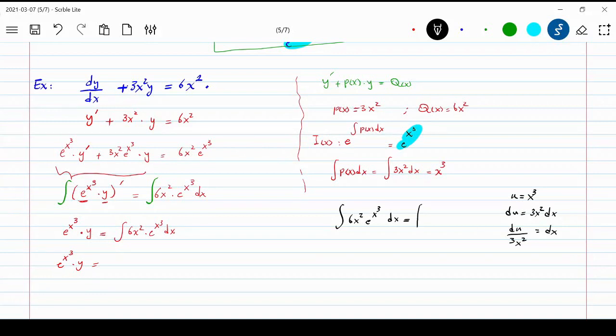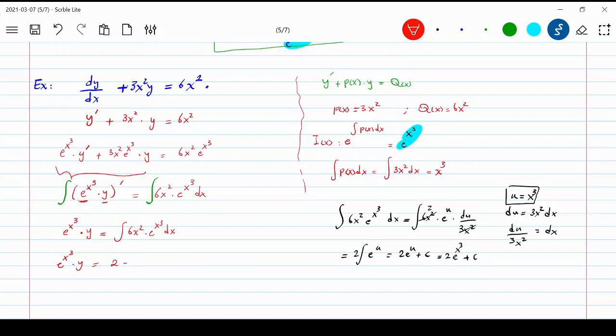So this can be written as 6x squared multiplied by e to the power u multiplied by du over 3x squared. After simplifying, these two cancel out and you will end up with a 2 here. So this becomes 2 times the integral of e to the u, which is 2 e to the u plus some constant. And u was x cubed, so I can replace it back and say this is 2 e to the x cubed plus some constant. This is simple integration.